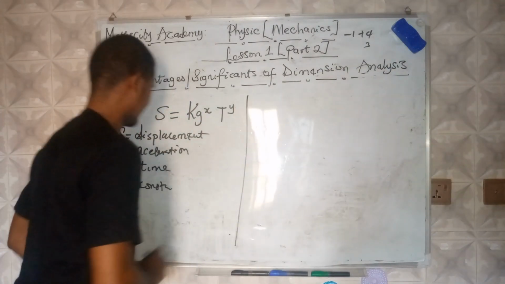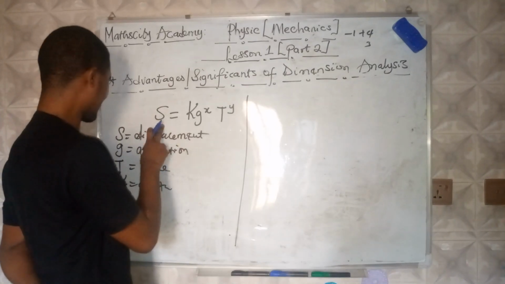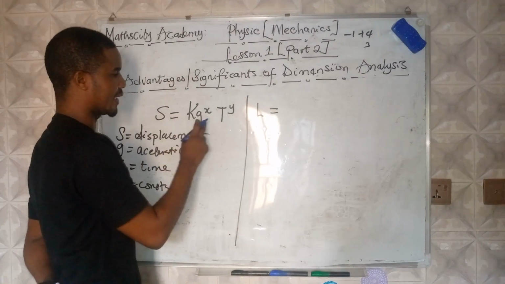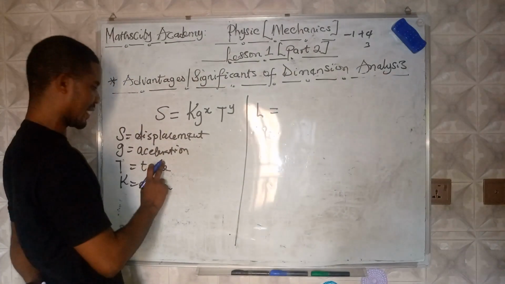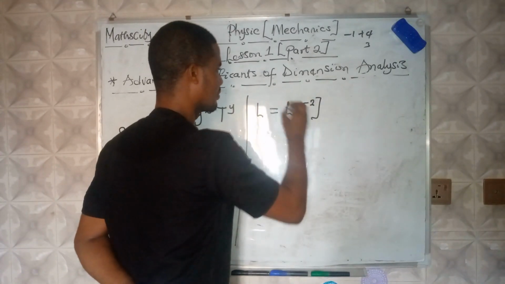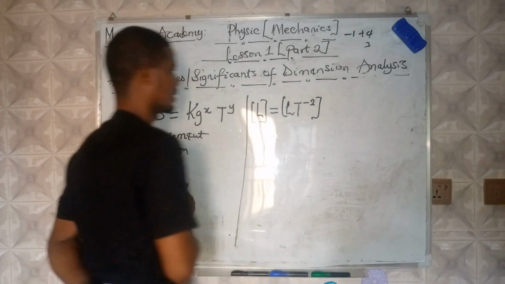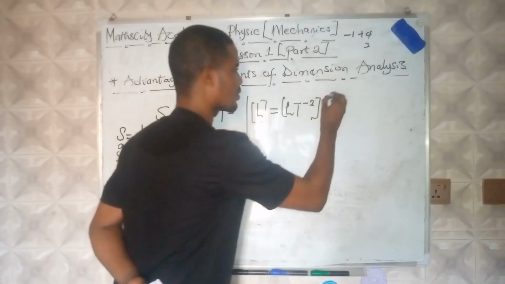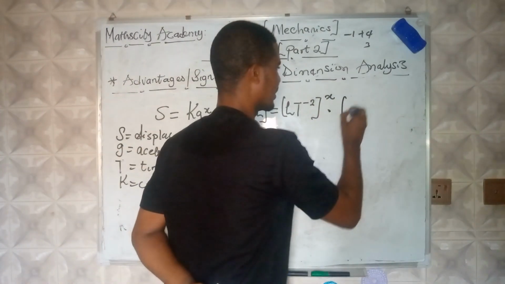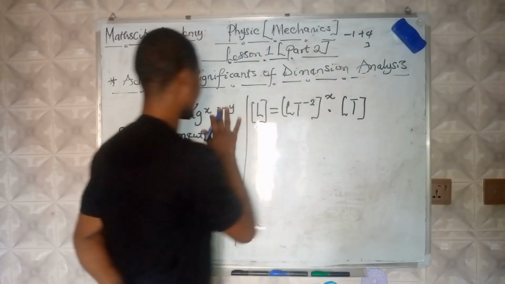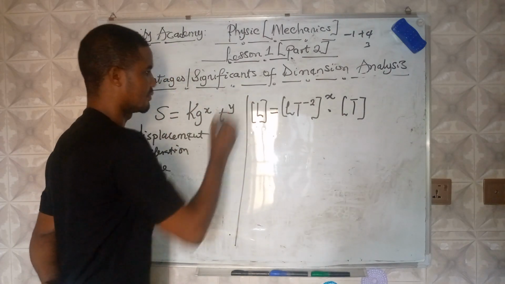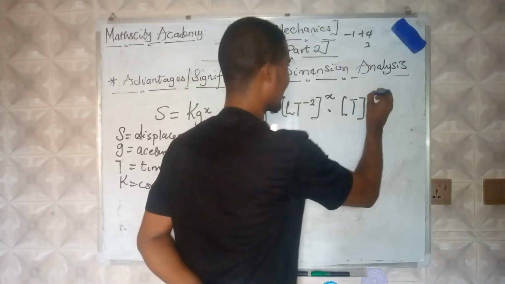Let's work. Solution. Now, S is displacement, whose dimension is L. There's no dimension for K. G is acceleration, whose dimension is L T minus 2, then it is raised to x. T is time, whose dimension is capital T. Please let this be small t, since it's not a dimension yet, and it's carrying y.